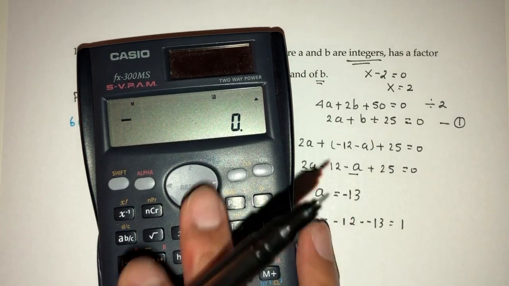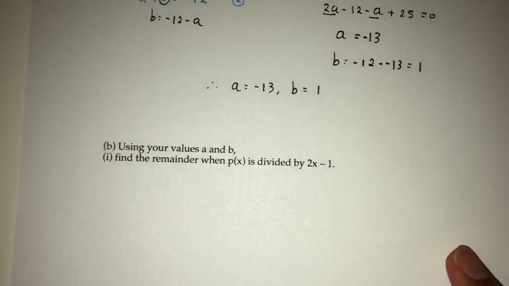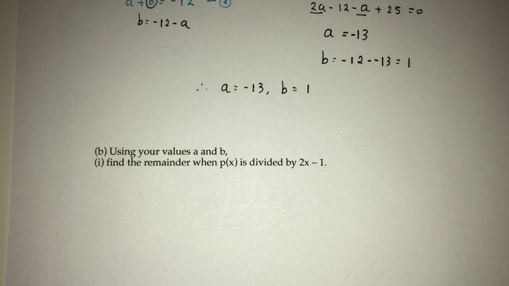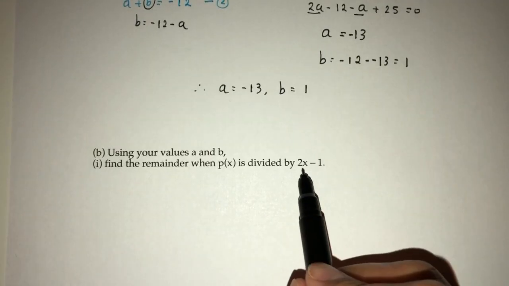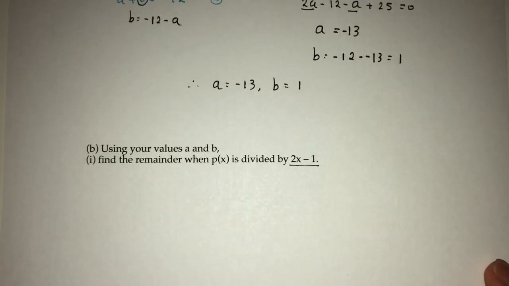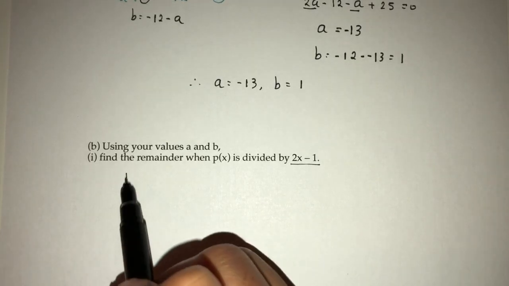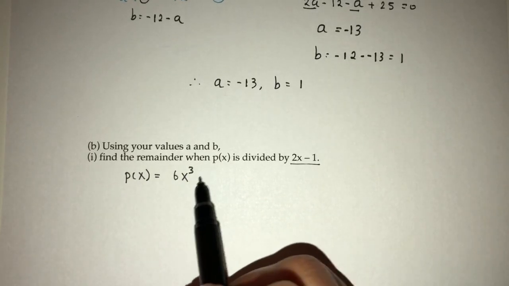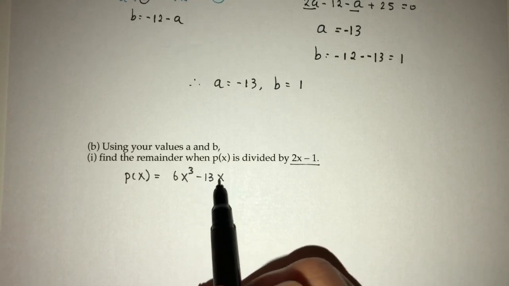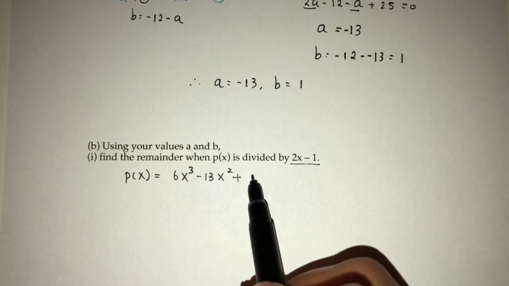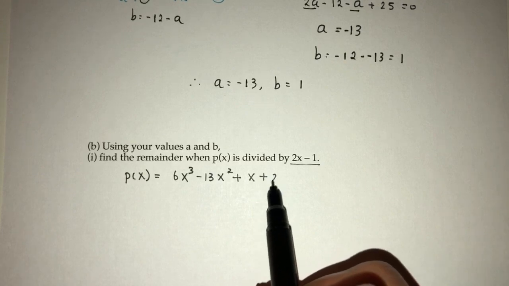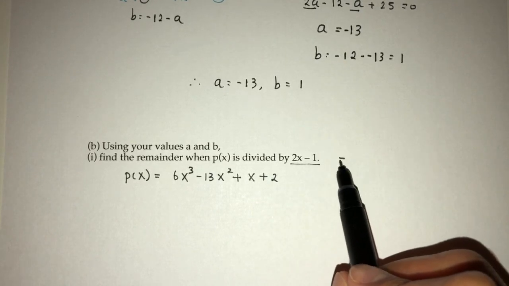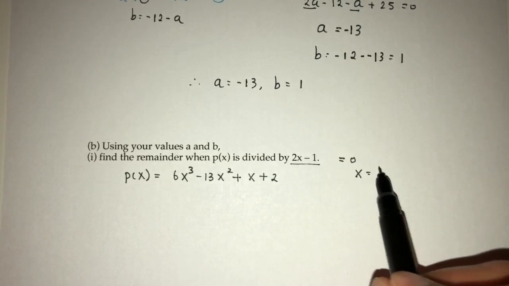Okay, that is good. So now using the values of a and b, we have to find the remainder when p of x is divided by this. So let's do that. Now p of x is equal to 6x cubed minus 13x squared plus x plus 2. Now for this we have to equate the divisor to 0, so x will be half.